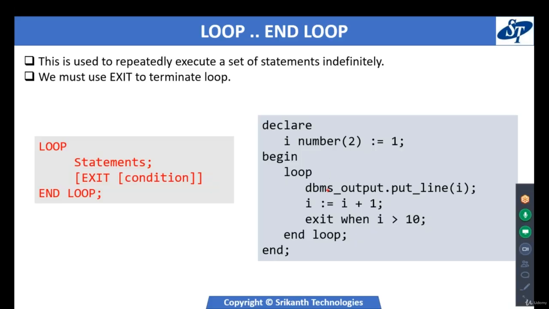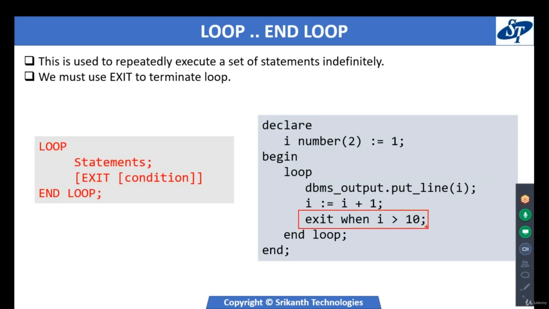This is an example where we start with loop and execute these three statements as part of the loop. The first statement is printing I, which starts with 1. Then we increment I by 1. But then comes the most important statement, exit.